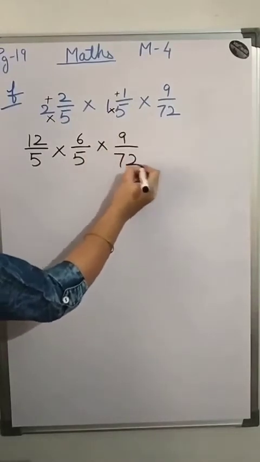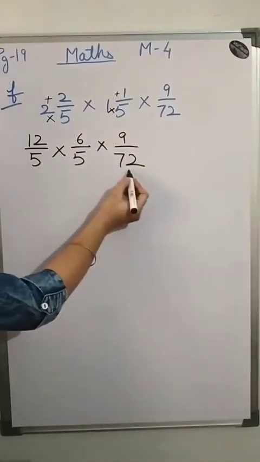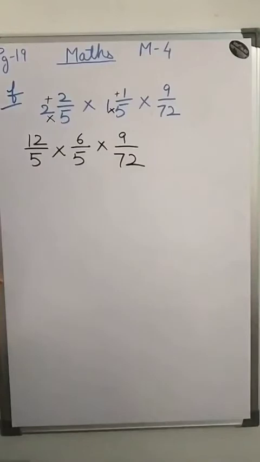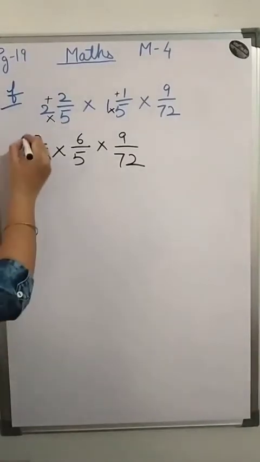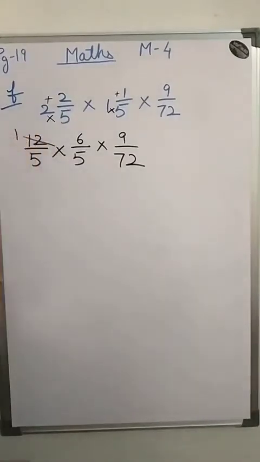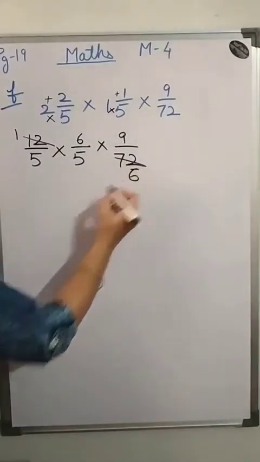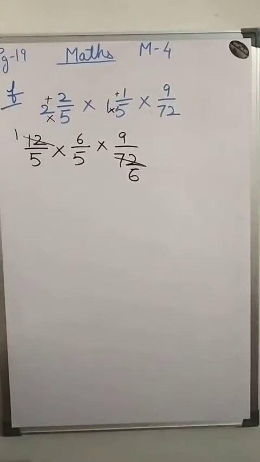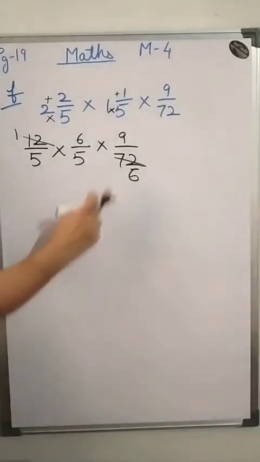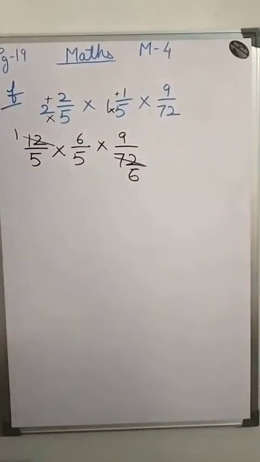And here it is 72. 12 is a factor of 72, yes? So we can cut them. 12 ones are 12 and this is 6, because 12 multiply 6 is equivalent to 72.